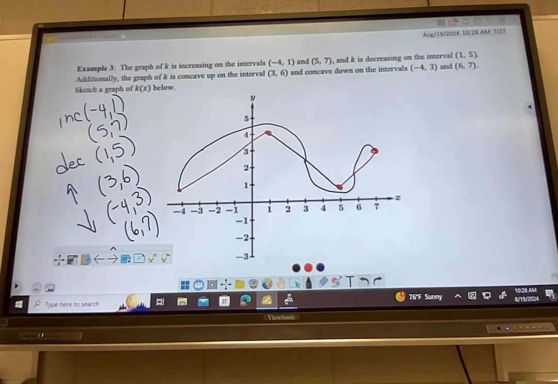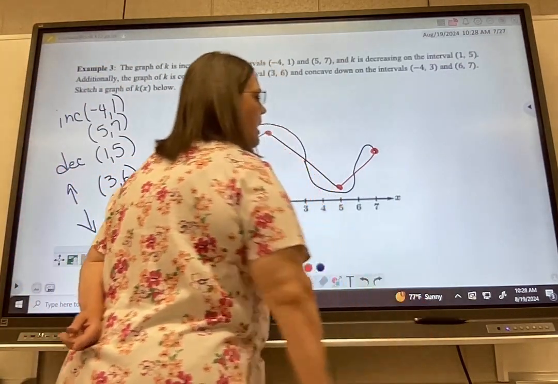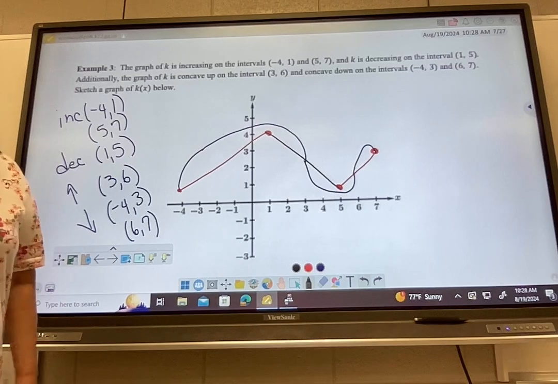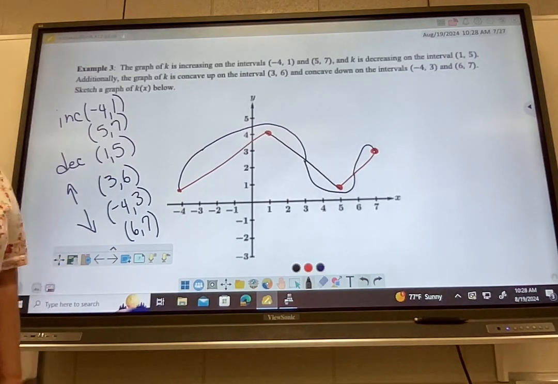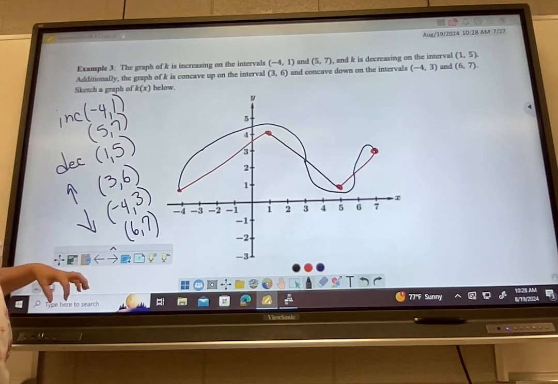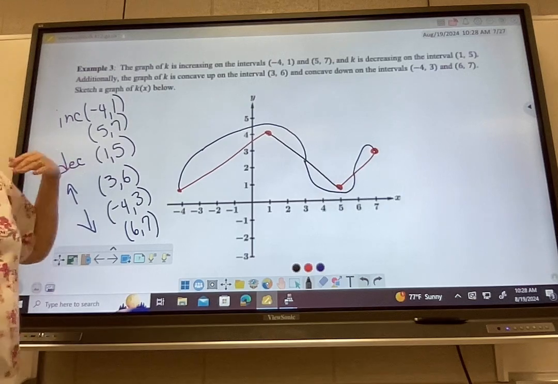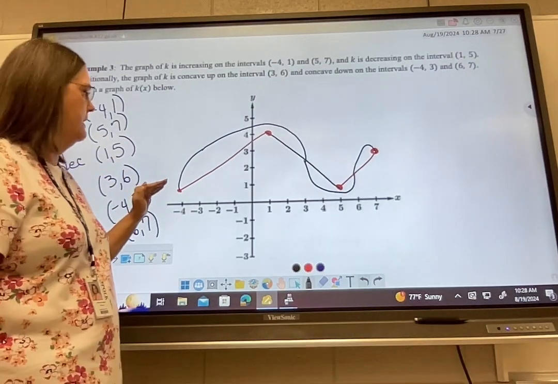Now, this one, I remember when we did this in class that we were all, including me, struggling to do this. So what I did is I wrote down everything that it says. I wrote it over here to the side so that I could see it all together instead of in words. So it is increasing from -4 to 1 and 5 to 7. And what I did is I just drew a straight line going up.